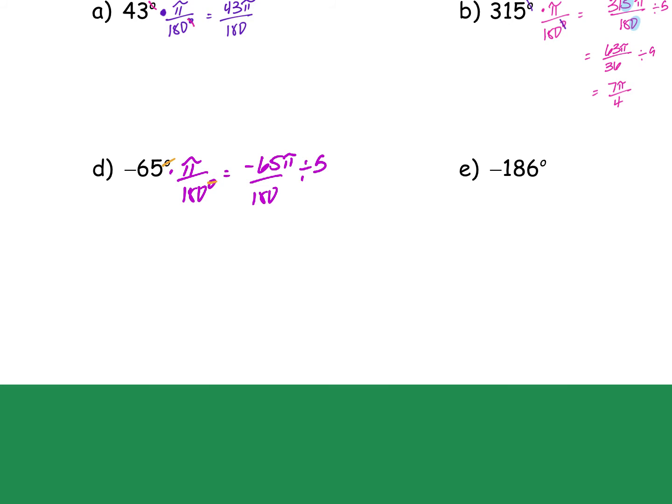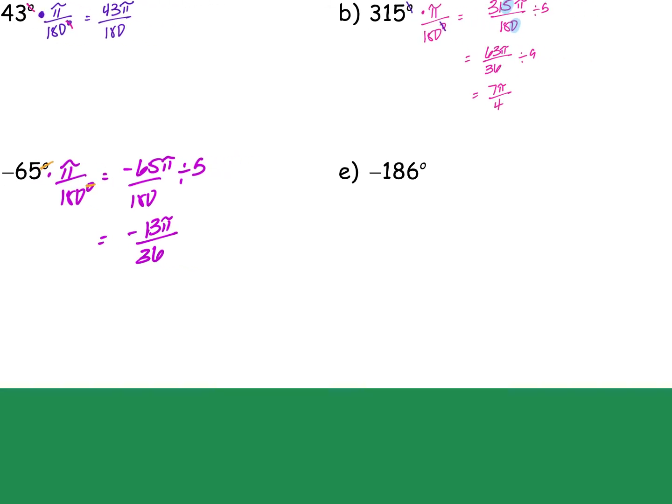And, what do you know? 65 divided by 5 is 13. And 180 divided by 5 is 36. And that's it, because nothing goes into 13. 1 and 13, 13 doesn't go into 36. So negative 13 pi divided by 36.